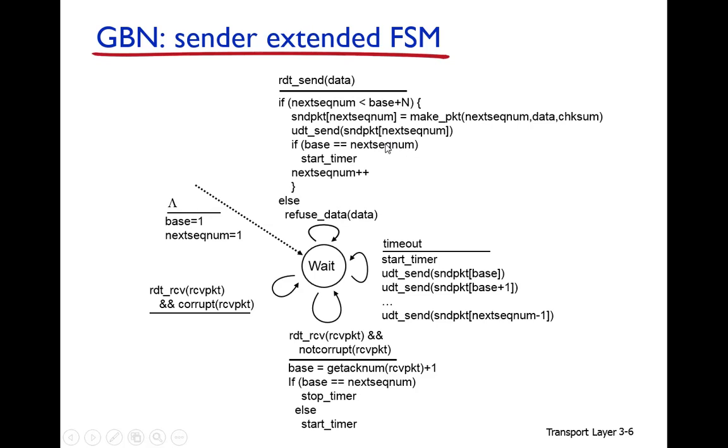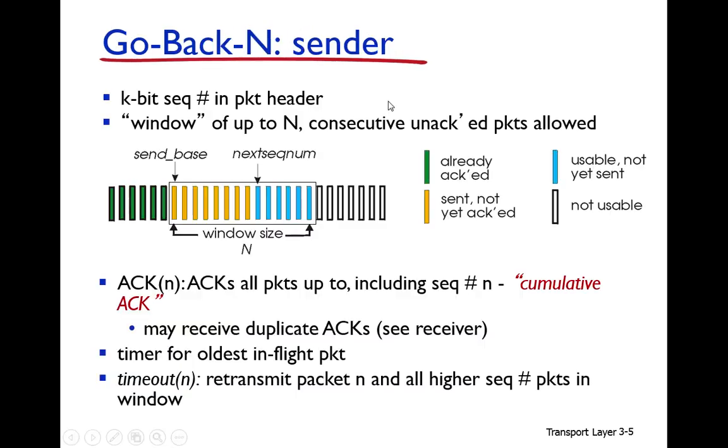So this is the FSM for the Go-Back-N approach. It means that the sender is waiting for packets to be received from the application layer. If it receives a packet, it checks if the next sequence number is less than base plus N. Base plus N means send base plus N. You can see that this is the send base.